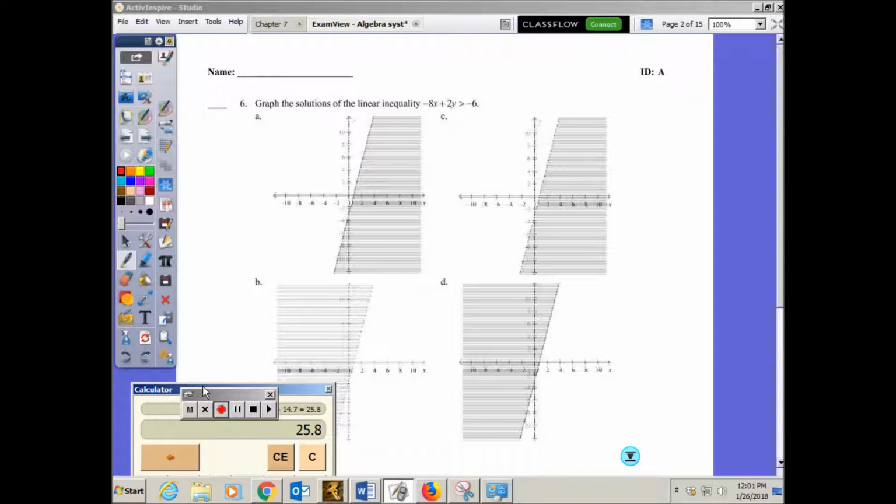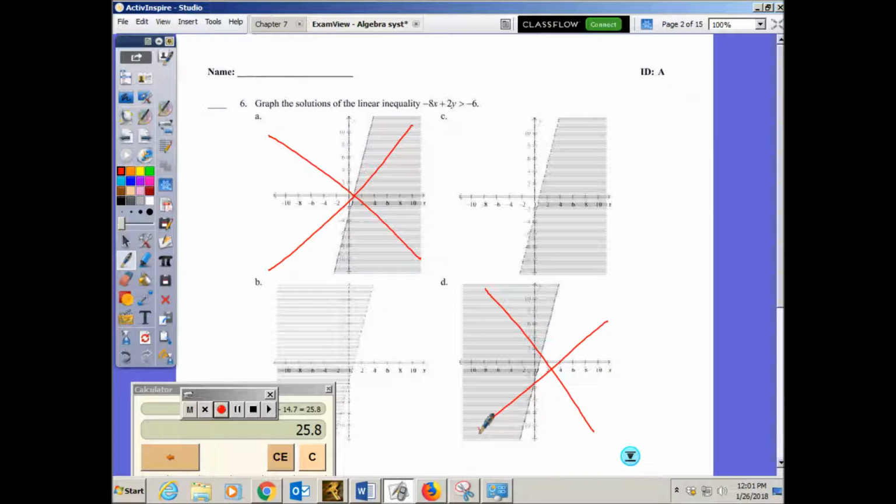Since it is greater than but not equal to, it's a dashed line. If you look at yours, I believe A and D both have solid lines. So it cannot be A, and it cannot be D.